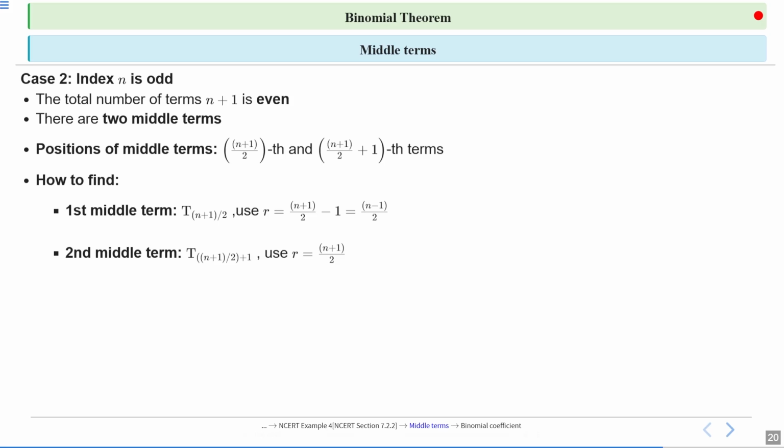How to find them? The first middle term is T((n + 1)/2). Use here r equal to (n + 1)/2 minus 1, that is (n - 1)/2. And the second middle term is T((n + 1)/2 + 1). Use here r equal to (n + 1)/2.